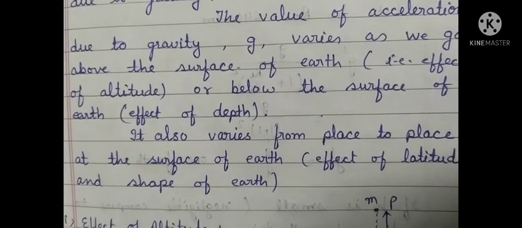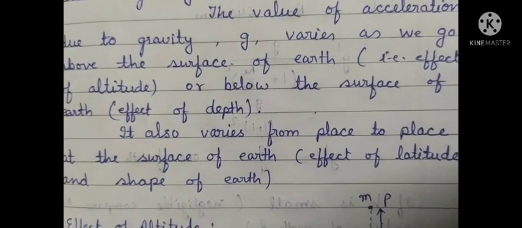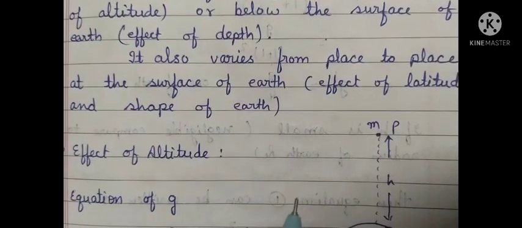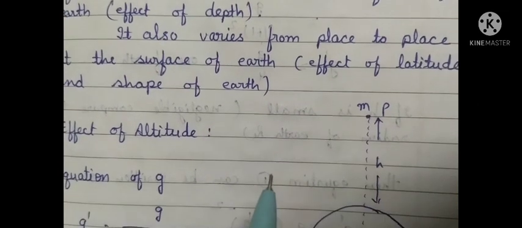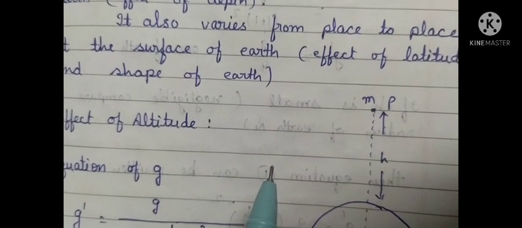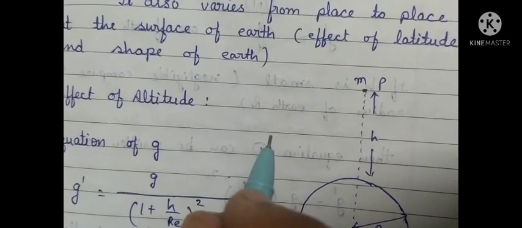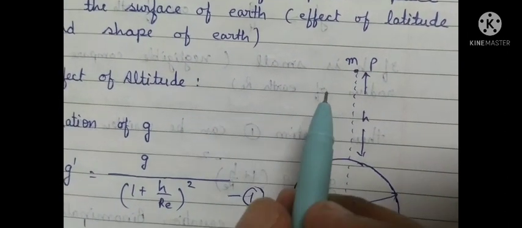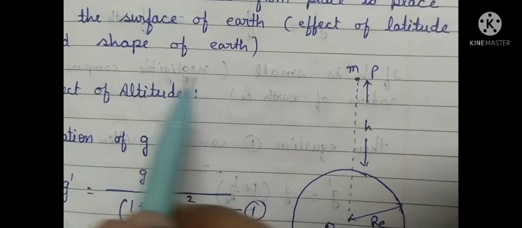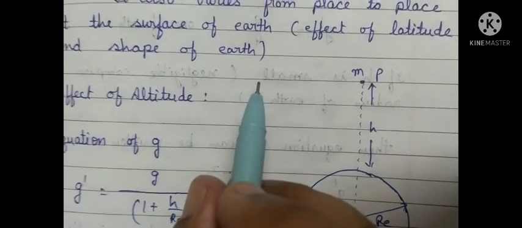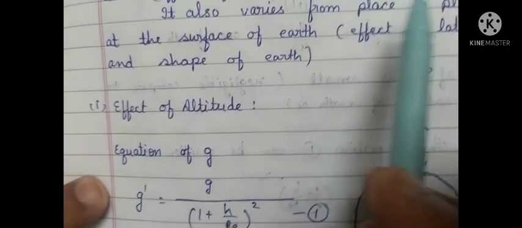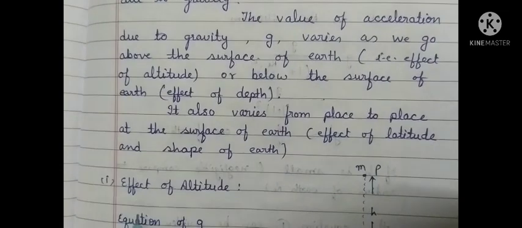So there are four prominent parts that acceleration due to gravity varies due to moving up from the surface, moving down from the surface of the earth, due to the latitude and due to the shape of the earth. So in this lecture, first we will consider the first two.